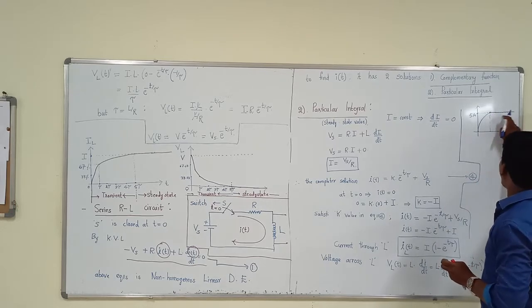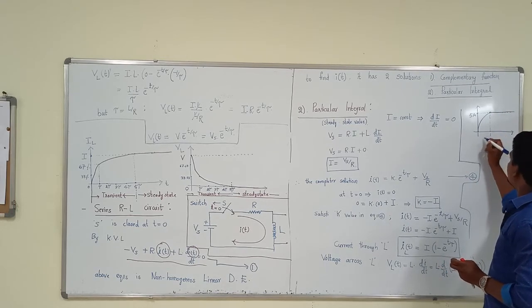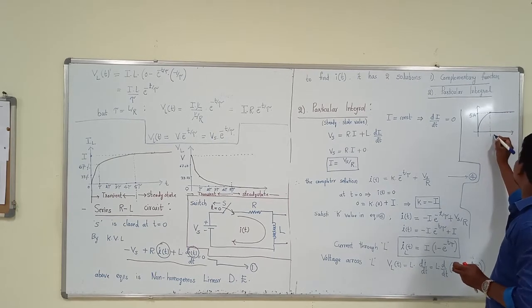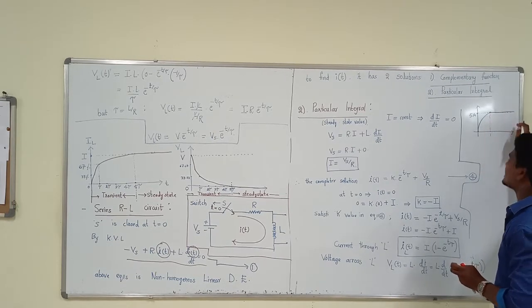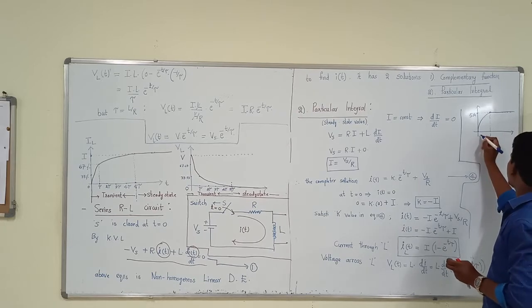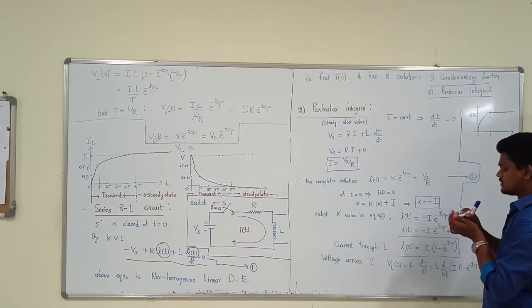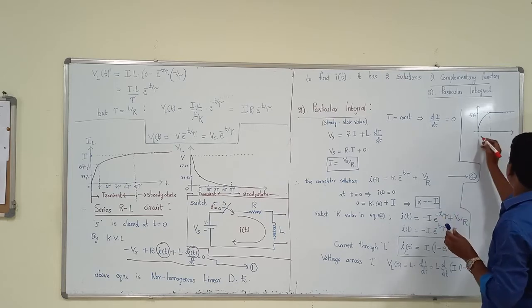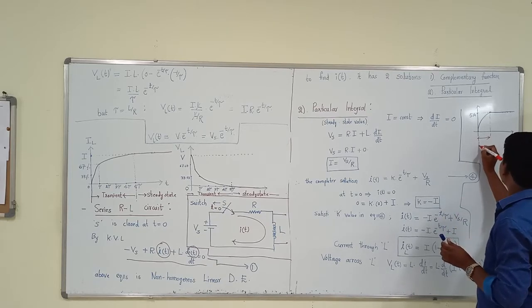The value is constant. This region, which takes some time, is called the transient region.